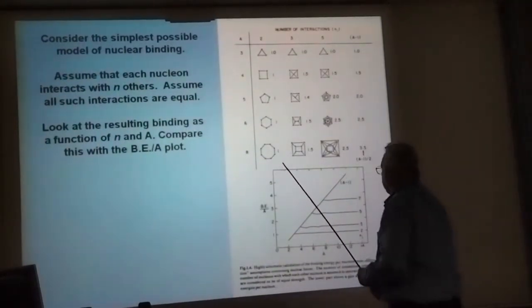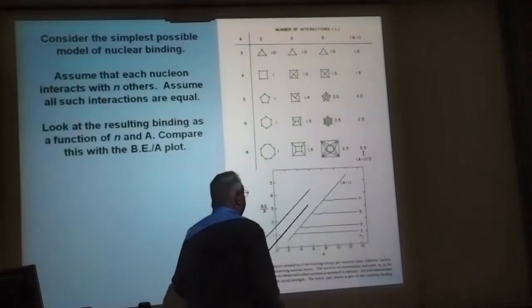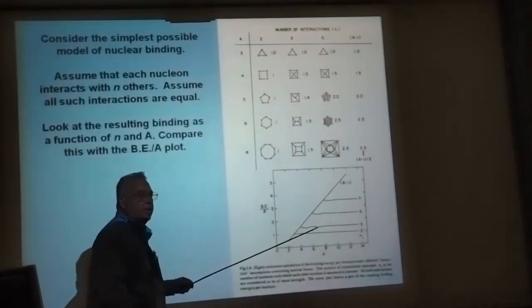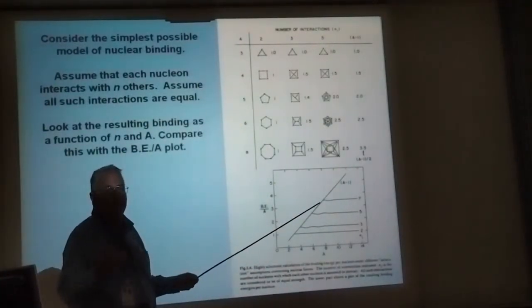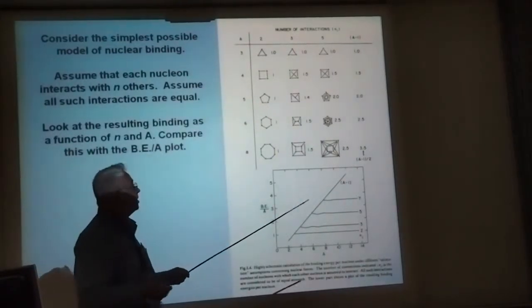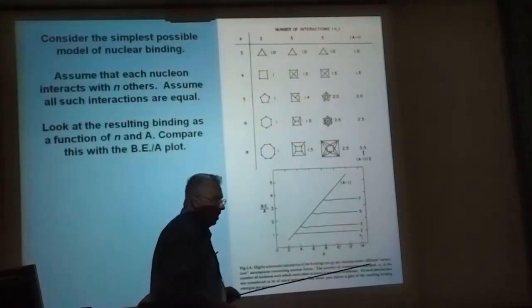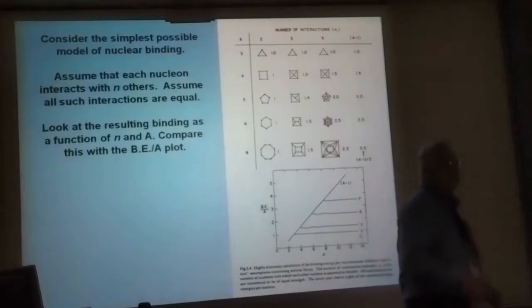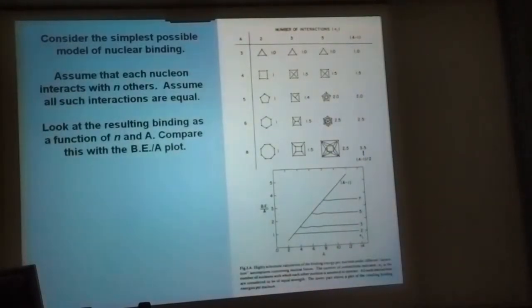Okay, so let's assume, first of all, that each nucleon interacts with all other nucleons. There are A nucleons in the nucleus. If each nucleon interacts with all others, the total number of interactions will be A times (A minus 1) over 2. If I now calculate binding energy divided by the number of nucleons, that goes as A minus 1.